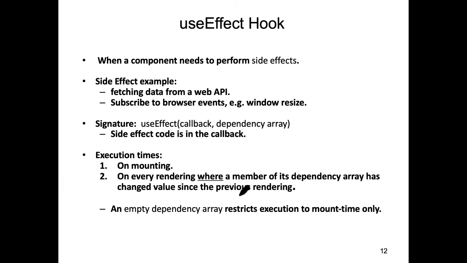So when a component re-renders, and one of the entries in its dependency array has changed since the previous rendering, then the callback will be executed again. Consequently, if the component re-renders but nothing in its dependency array has changed since the previous rendering, then the callback won't be executed at all.